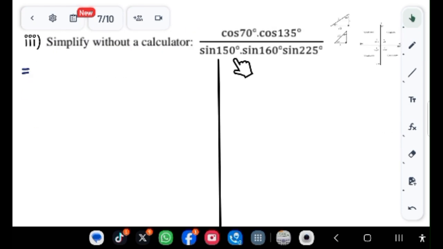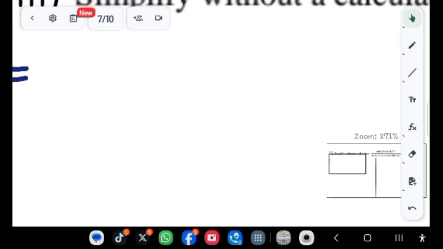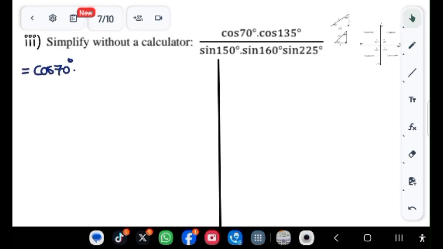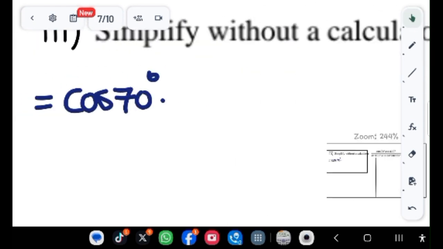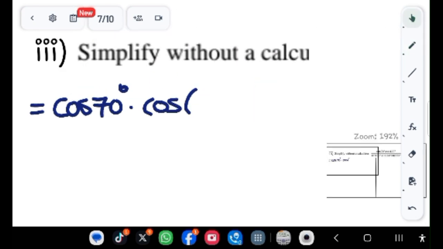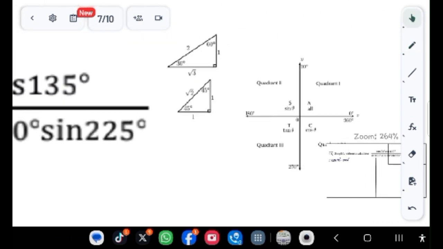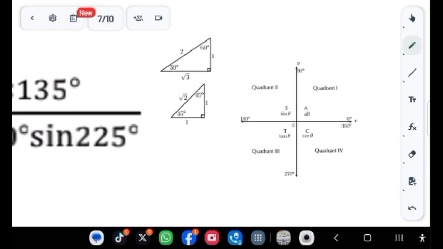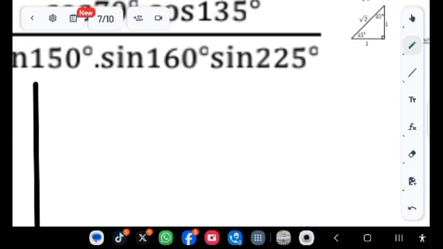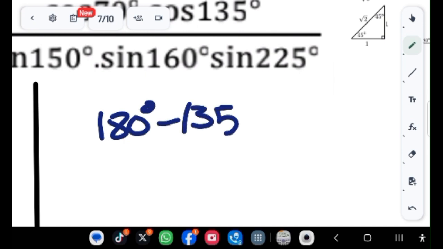All right. So that is cos of 70 degrees, let's leave it that way since it's an acute angle for now, times cos of 135, which is a compound angle. It lands us in the second quadrant, and we know that in the second quadrant, we write our angles as 180 minus theta. So we need to find the acute angle that was subtracted from 180 in order to give us 135.